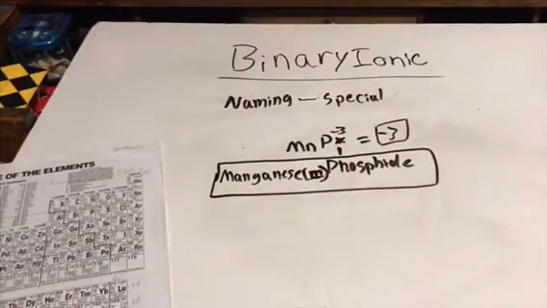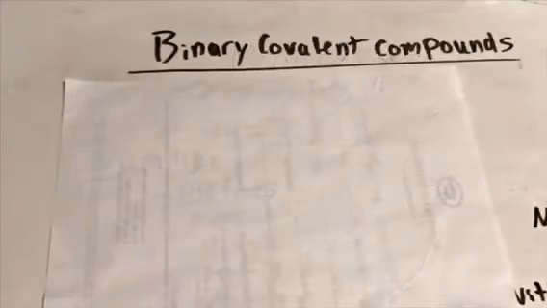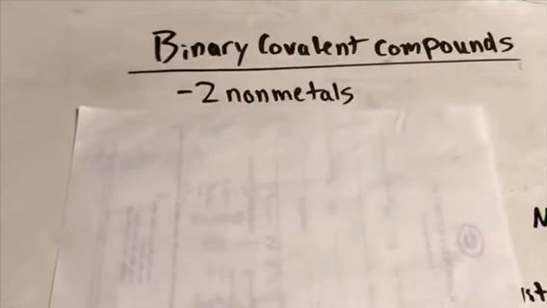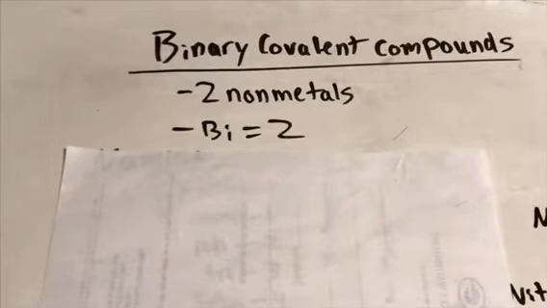So overall, pretty simple. It's not that hard to remember how to name or write the formula of binary ionic compounds. Alright, next on the list is binary covalent compounds. Now, what is a binary covalent compound? Well, it is a covalent compound which is two nonmetals, and a way to remember this is bi equals 2, hence the name binary covalent.